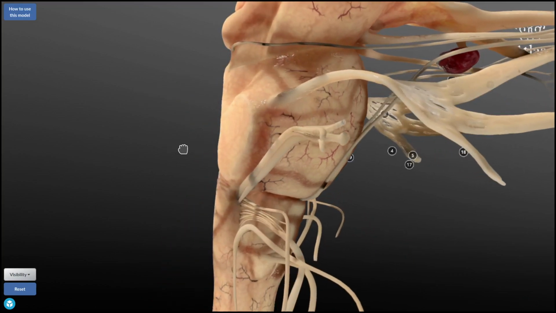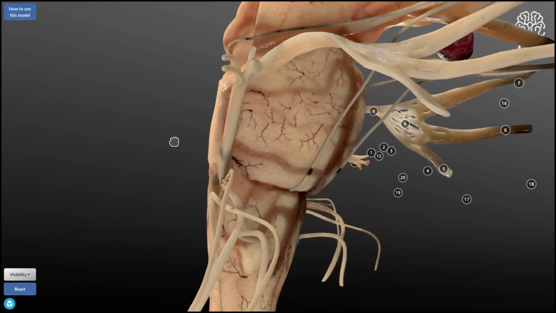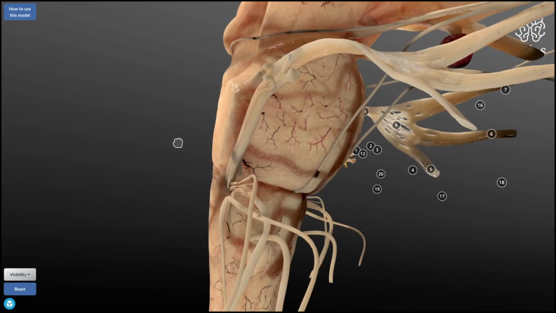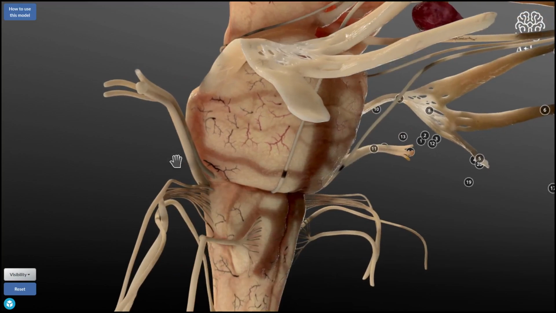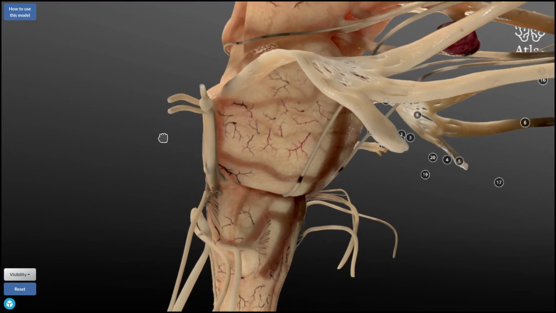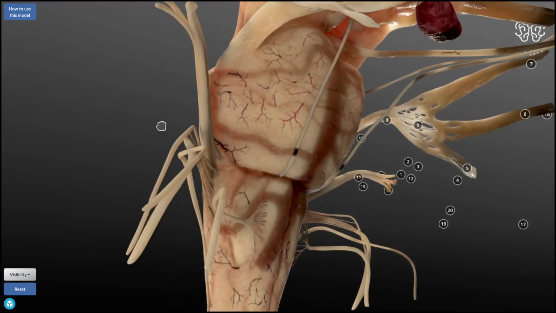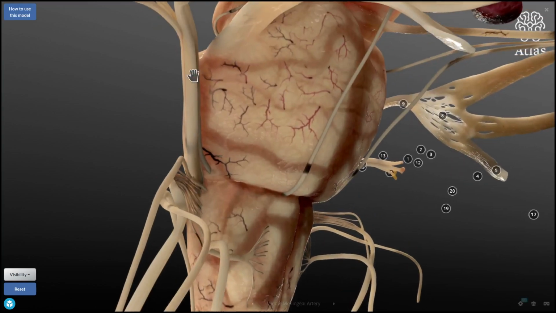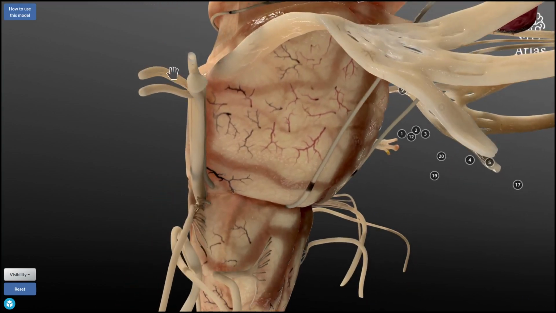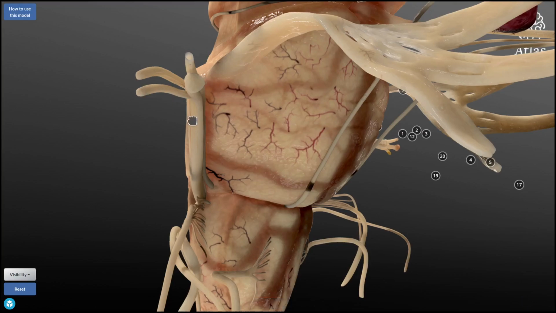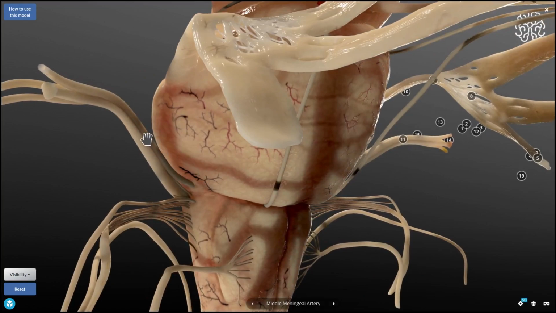The modeling of this one's not perfect, but it shows a more medial facial nerve, or 7th cranial nerve, and a more lateral cranial nerve 8, which will split into one that targets your hearing and one that targets your balance. So that's the 8th cranial nerve, and with that is the 7th cranial nerve.